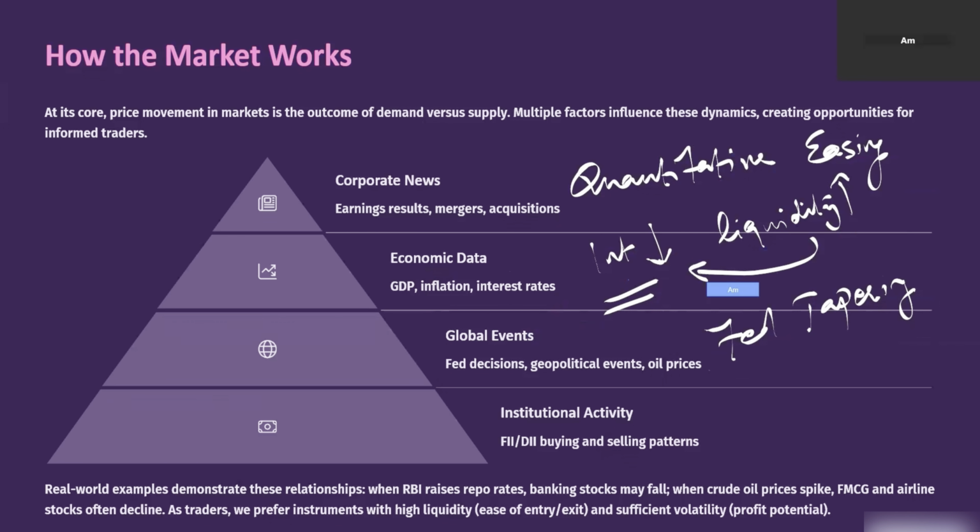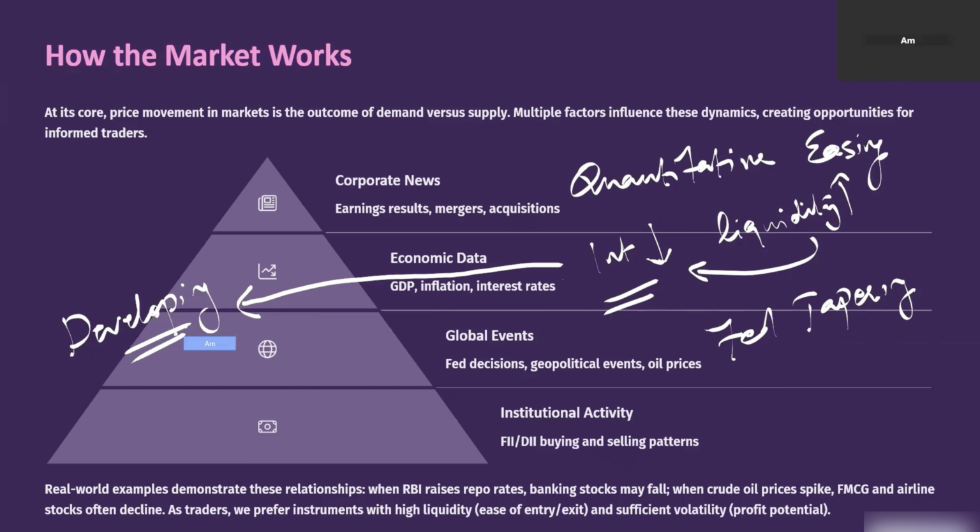As a result, this money will flow to developing economies. They can borrow at a lower interest rate and go to developing economies like China, Taiwan, India. Do we get the benefit? We get the benefit. FIIs will come in heavily, and FIIs will buy, which is good for the market. The opposite is Fed tapering.